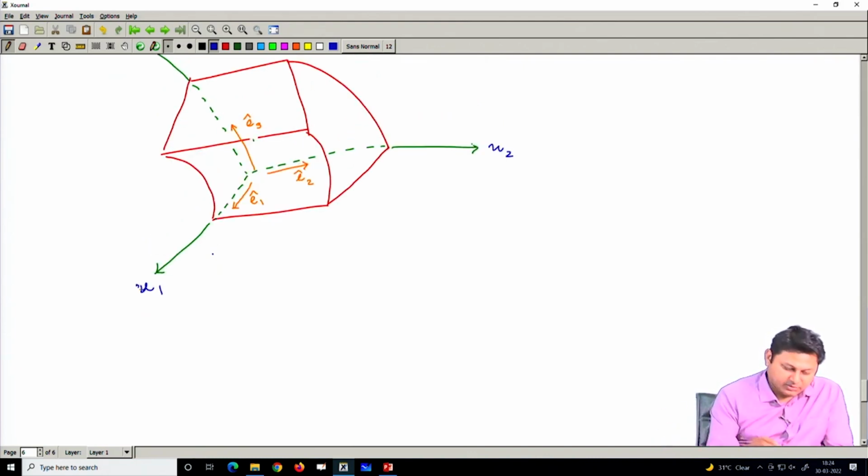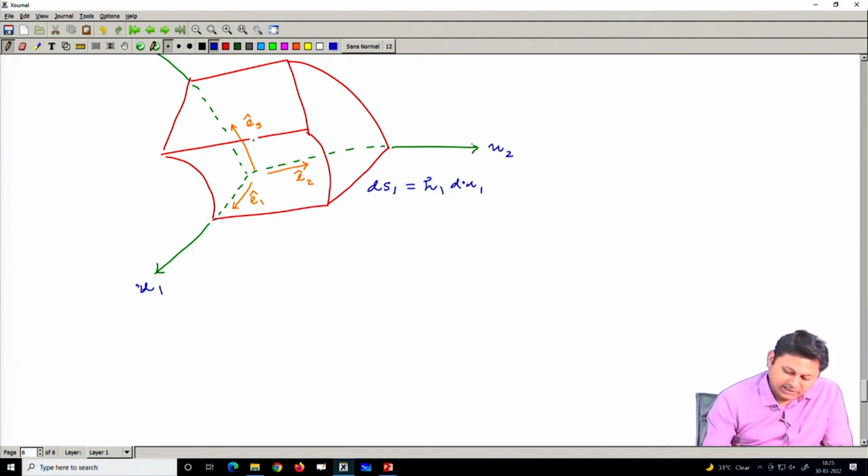First we try to find out the distance from here to here, from here to here, from here to here, because the scaling factor is there. The distance from here to here is dS1, and this distance is the scaling factor h1 multiplied by du1, right.